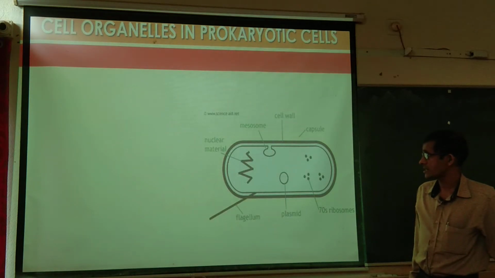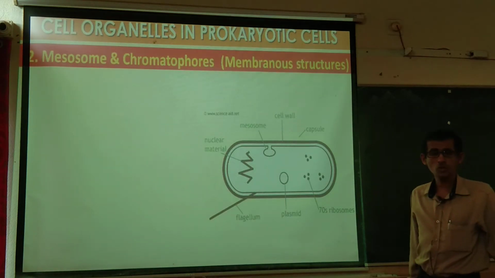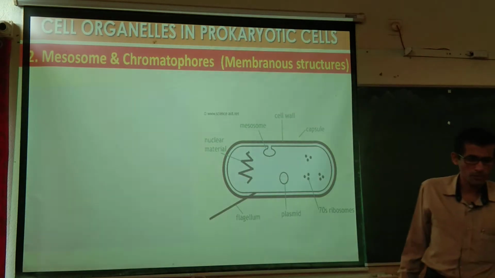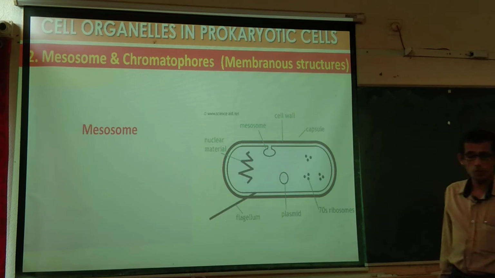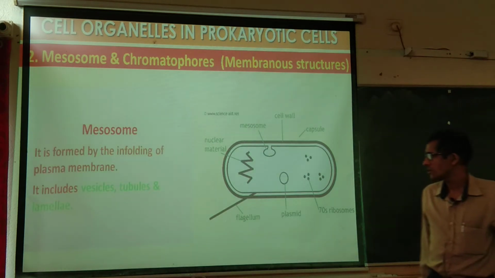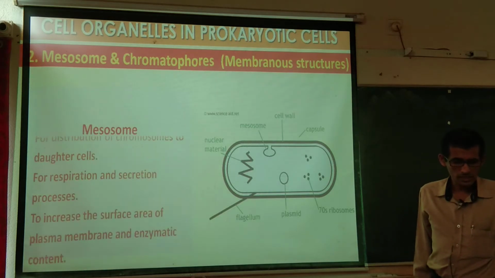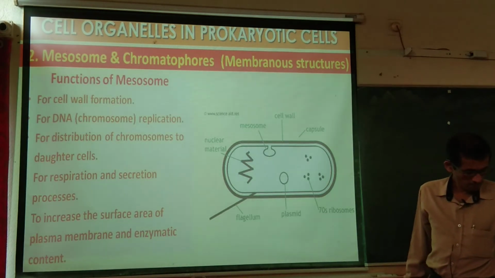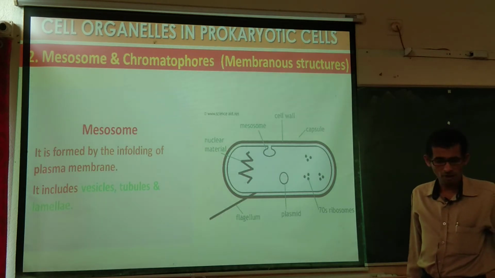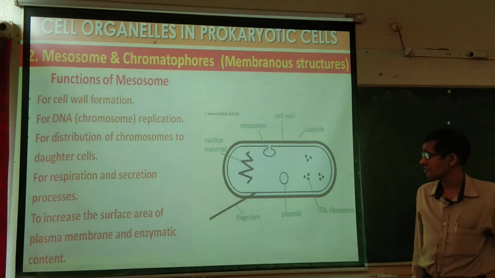The second one is mesosome, isn't it? Mesosome and chromatophores are membrane structures observed in prokaryotic cells. What is meant by mesosome? It is the infoldings of the plasma membrane, and it may be in vesicle form, tubule form and lamella form. We discussed the functions of mesosome yesterday.